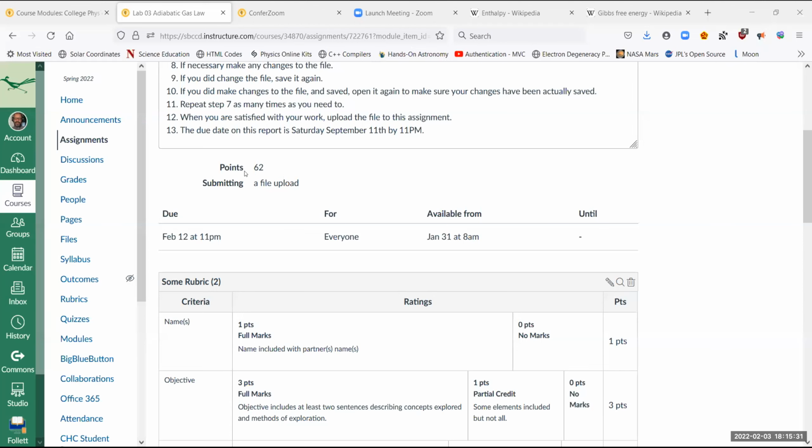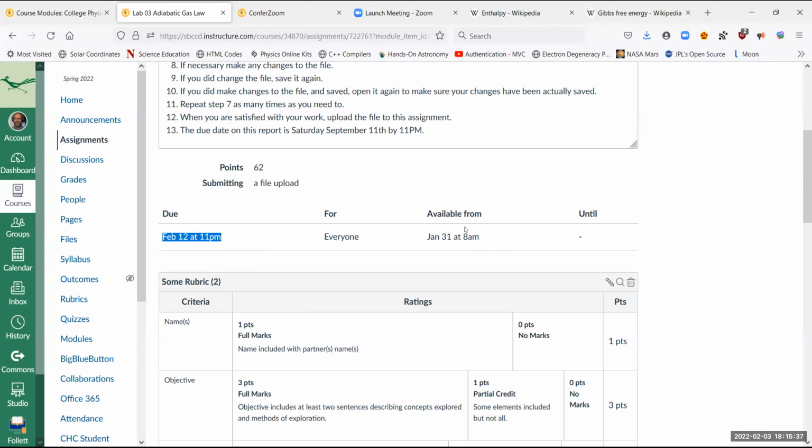If we don't have any questions, we're going to jump into the lab now. So week 3, we pull the lab, here it is. The lab is due February 12th, which is coming soon, okay?